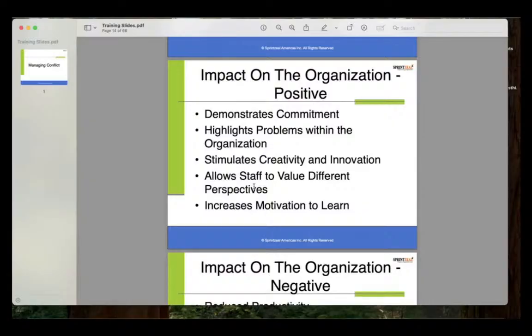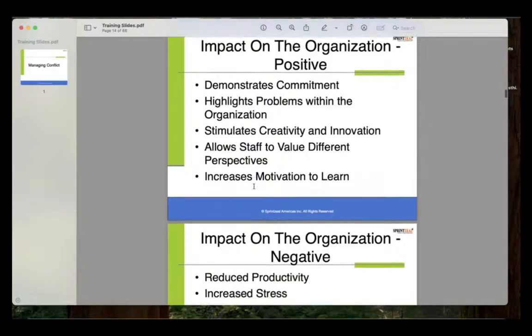Because we are going to deal with different types of stakeholders, different parties are involved, and that is where the value of different perspectives comes. The next positive impact is that it increases motivation to learn. So these are the positive impacts on the organization that can happen when a conflict arises.